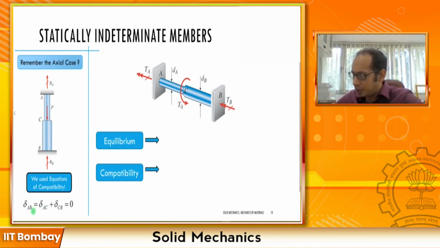So remember here my compatibility, and we are going to again remember the equations of compatibility: that your delta AC for this particular portion and delta CB for this particular portion was overall equal to 0. That delta AB was delta AC plus delta CB equals 0.